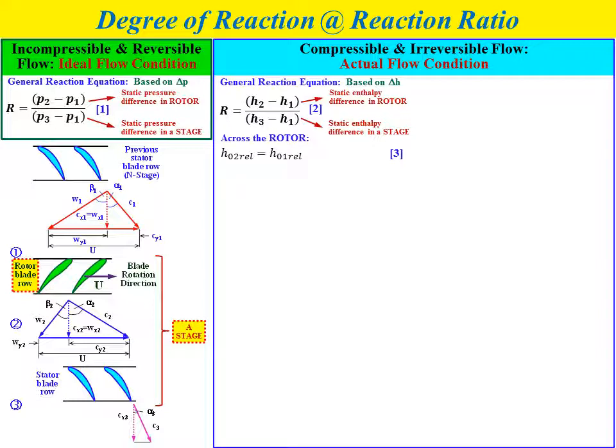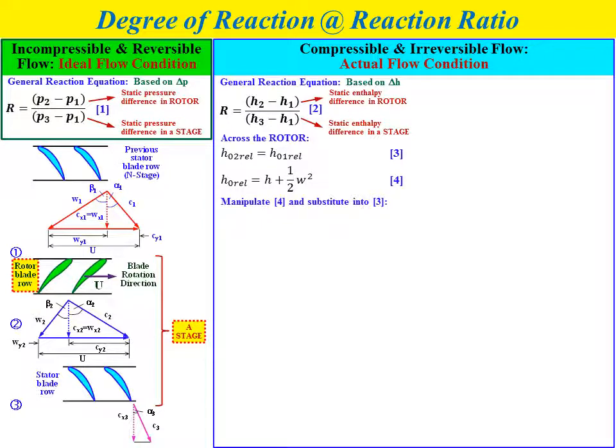Across the rotor, we know that the relative stagnation enthalpy is constant, so we will have H02 relative equal to H01 relative, represented by equation number 3. The basic equation for the relative stagnation enthalpy is shown by equation number 4, where H stagnation relative enthalpy equals static enthalpy plus half W square.